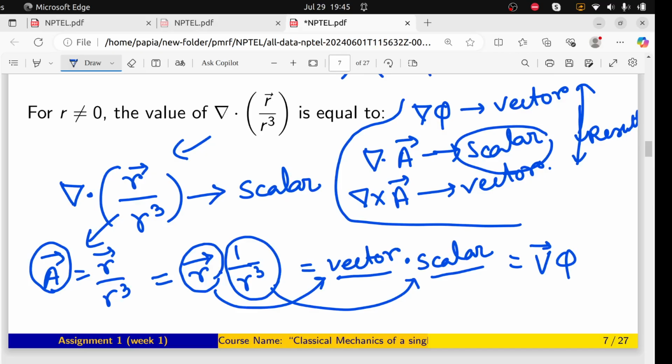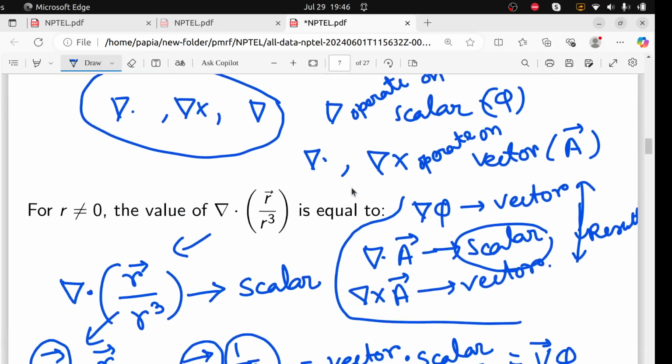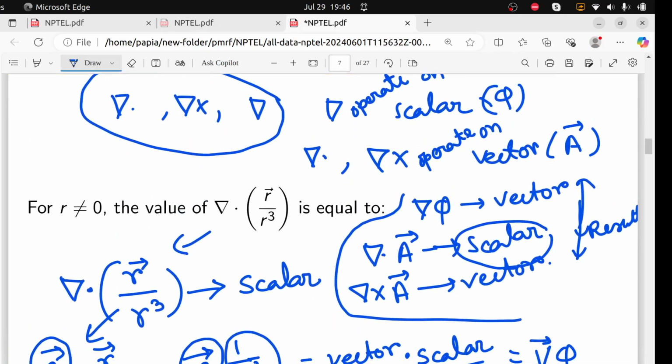It is not only for r vector and 1 by r cube; it can be applicable for any such case. So one vector and one scalar multiplication can give me a vector. Now what I need to do here is calculate the divergence of one vector and one scalar which are multiplied together.